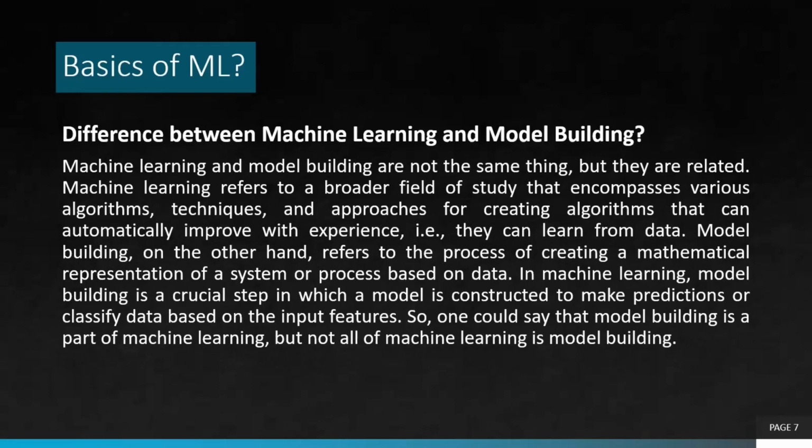Model building, on the other hand, refers to the process of creating a mathematical representation of a system or process based on data. In machine learning, model building is a crucial step in which a model is constructed to make predictions or classify data based on the input features. Now, these input features are just like variables or columns in your data set. So, one could say that model building is a part of machine learning, but not all of machine learning is model building.